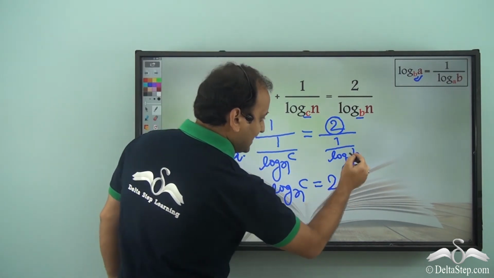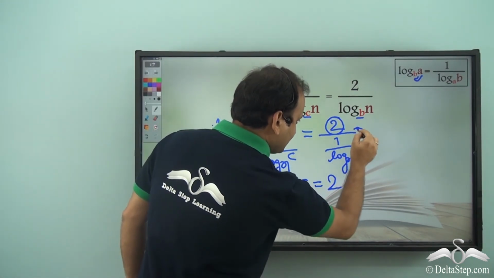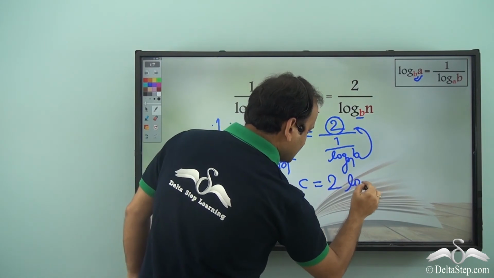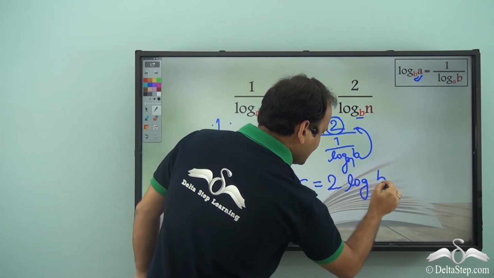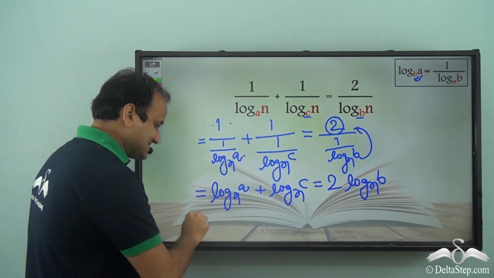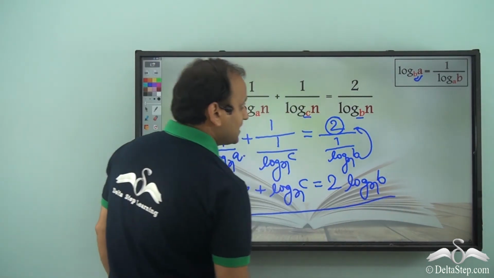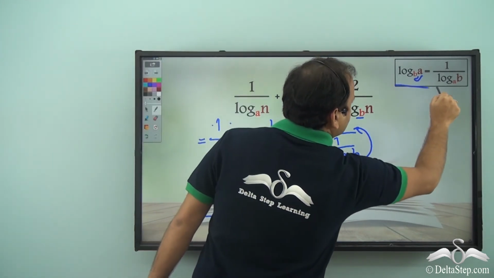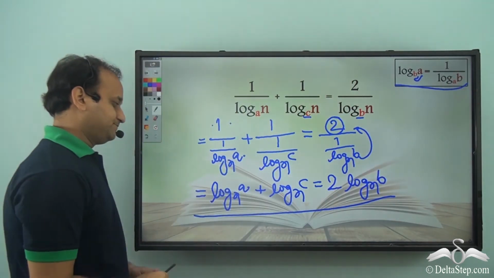So 2 will be there and this will reciprocate and come at the top. So this will be log b to the base n. So this is the expression which we find by applying this reciprocal formula.